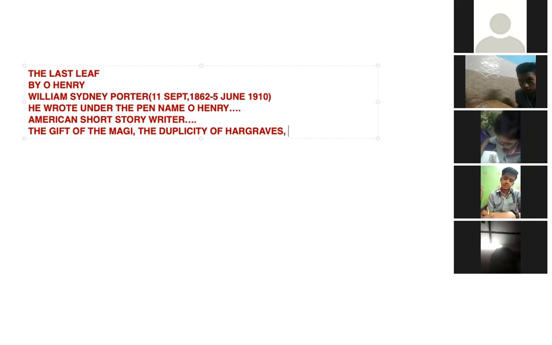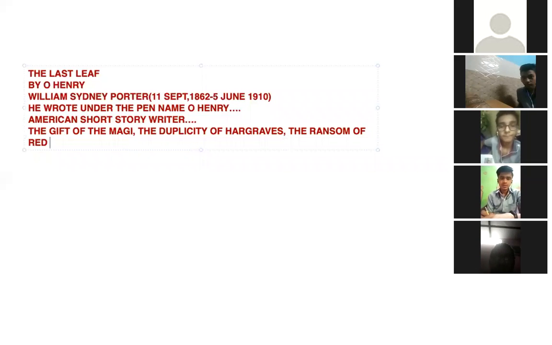You can just find them and read those books. And this story, I think you all have done it in your 8th class, The Ransom of Red Chief. Okay, so these are a few short stories written by O. Henry. And we are going to deal with his short story here, The Last Leaf.